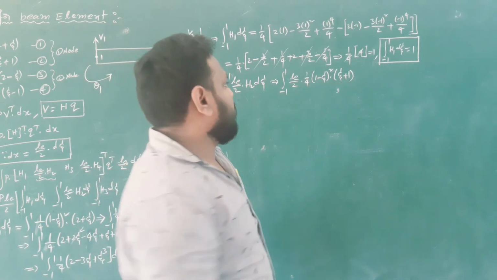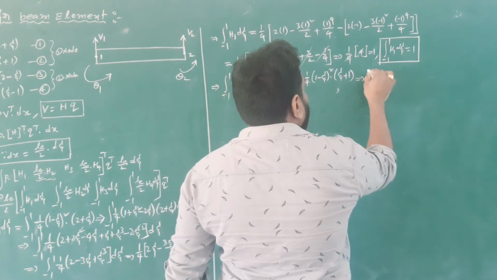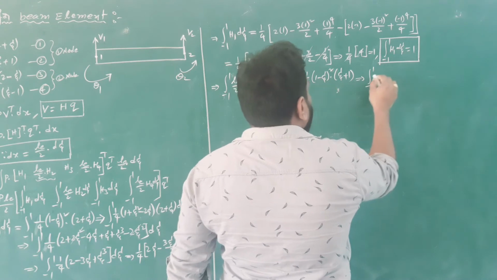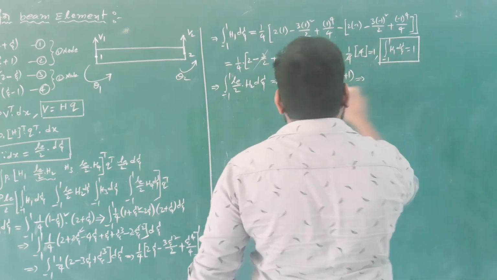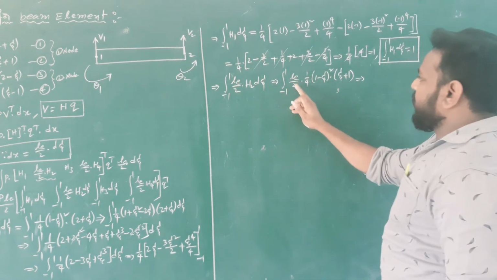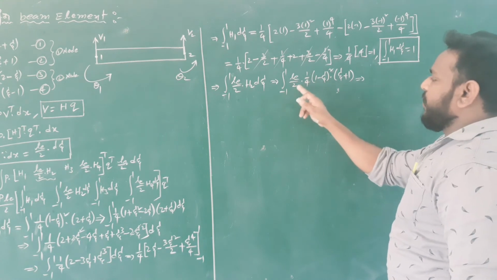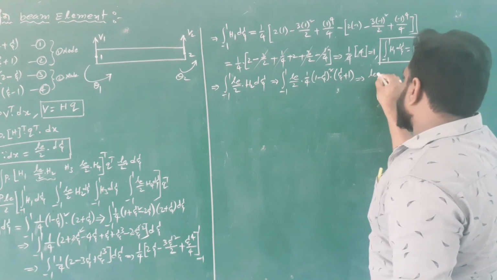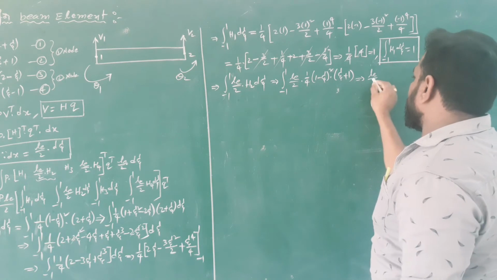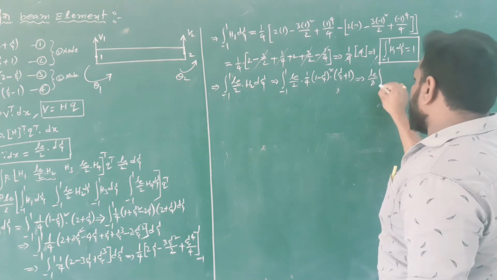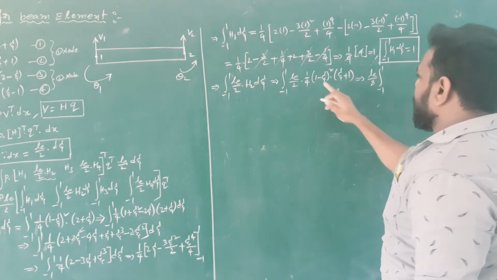Now split it. After splitting, minus 1 to 1, some constant we take, LE by 2 into 1 by 4, that is LE by 8, integral of minus 1 to 1.